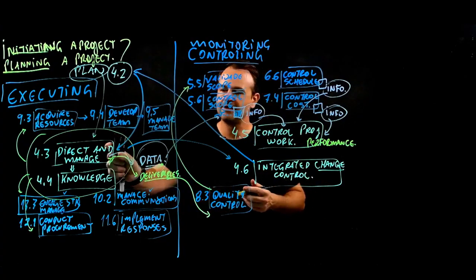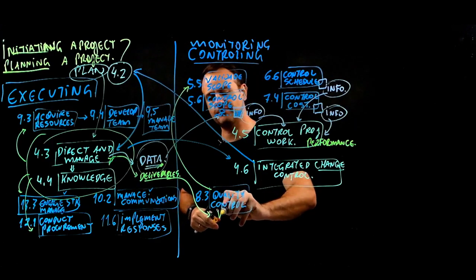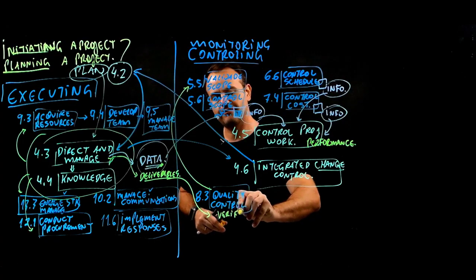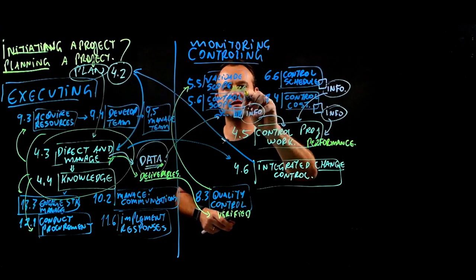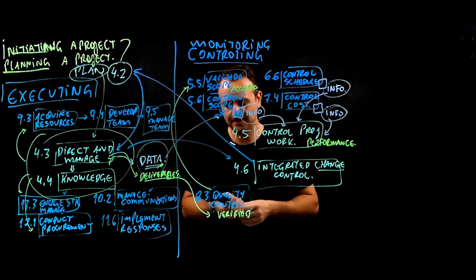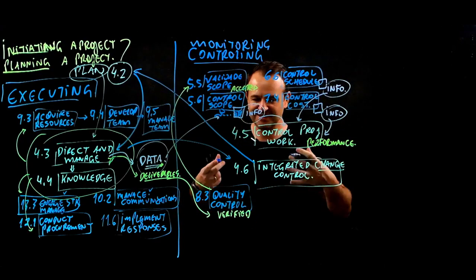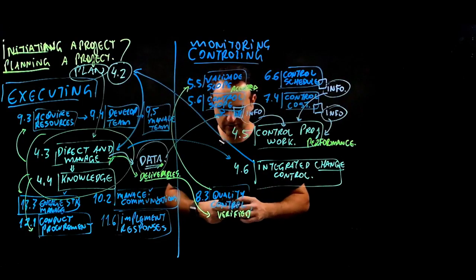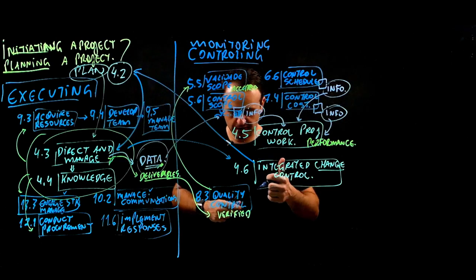So we have completed deliverables, then we have verified deliverables, and then we have accepted deliverables, okay? So this is another very important aspect we have to be careful about when you are studying the PMBOK guide and the processes and how we use those processes in our daily activities. So quality control is very important.